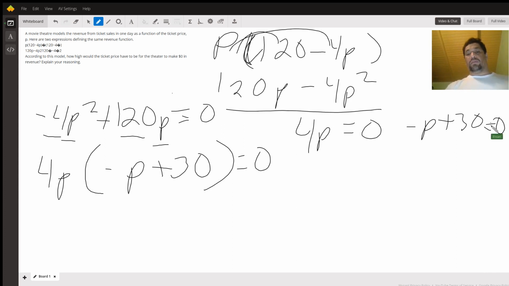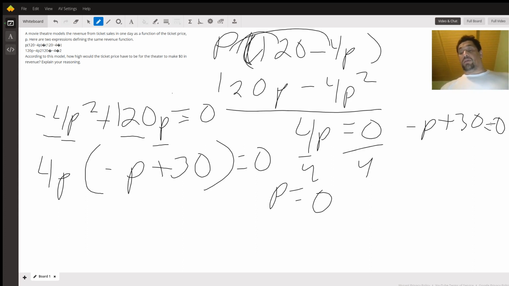The first one, divided by 4, gives P equal to 0. So here's one price. Of course, if the ticket price is $0, then the vendor will not generate any revenue, because you're not going to make any sales.